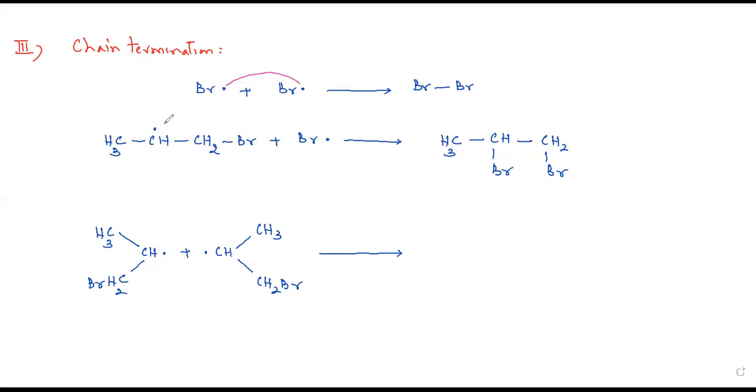These two, or say these two, then of course these two combine. A fresh bond is formed. CH3, then CH, this CH2Br, then this one, CH2Br. Okay, so any two free radicals combine to give different kinds of products. This is chain termination.